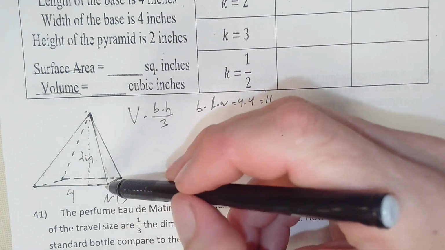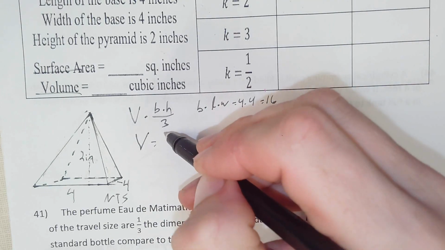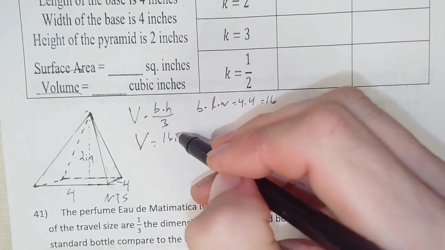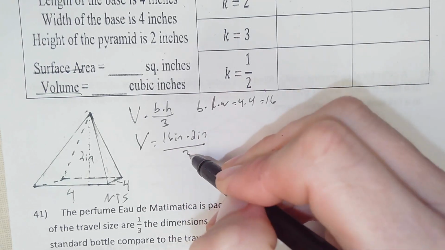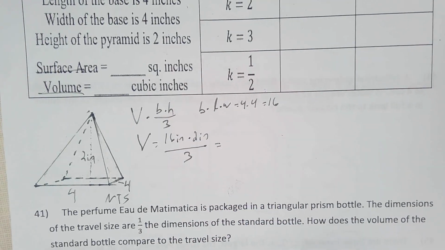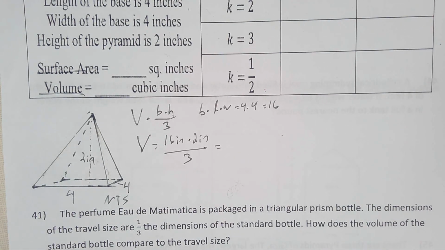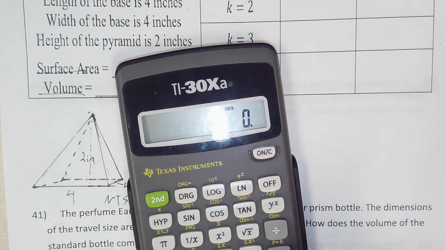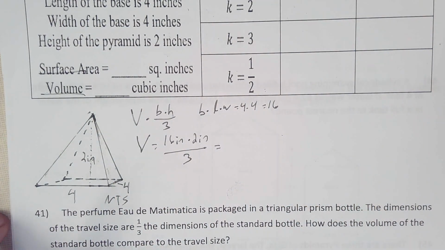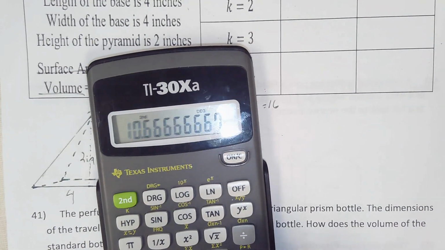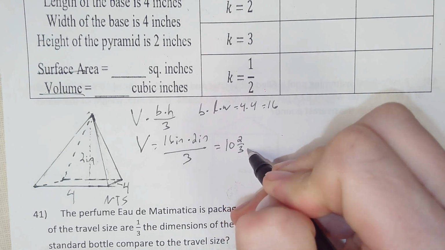So the volume is 16 inches times 2 inches divided by 3. So that's 32 divided by 3, which is 10.66 inches. As a fraction, 10 2/3 inches.